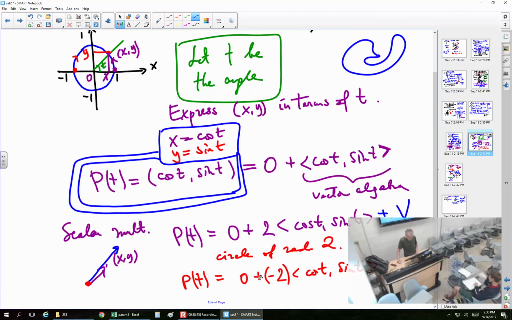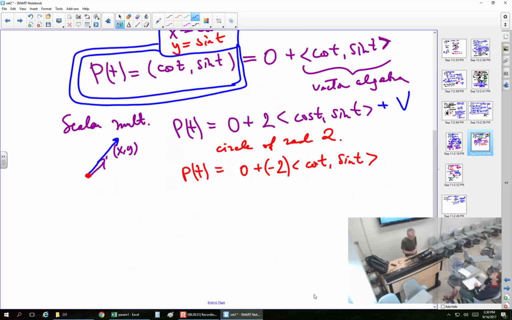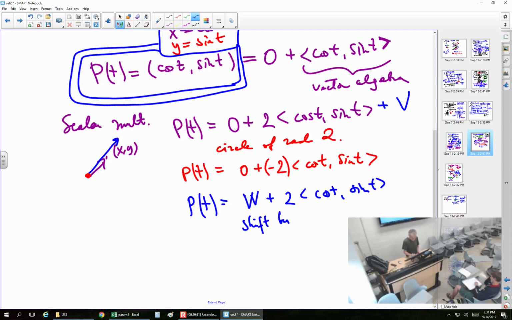Okay, so that's what we do with the curve, with the circle. So we multiply by 2, get radius 2. This is what I just did, it is equal to 2b, say w, plus 2 cosine t, sine t. So this will be shift by vector w to get this still the same.